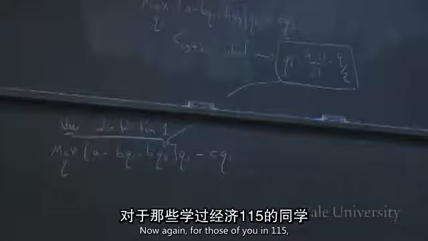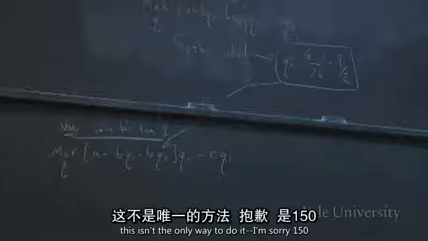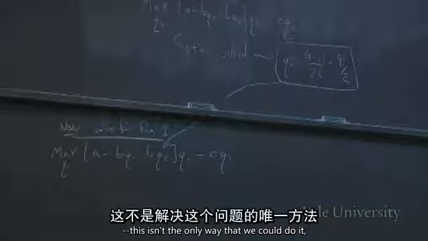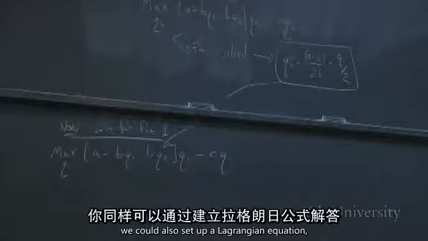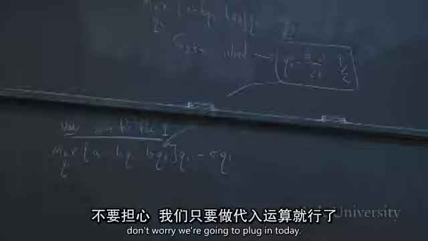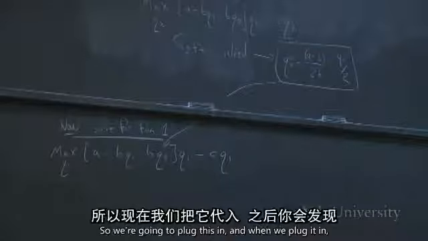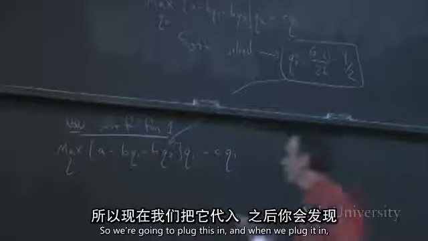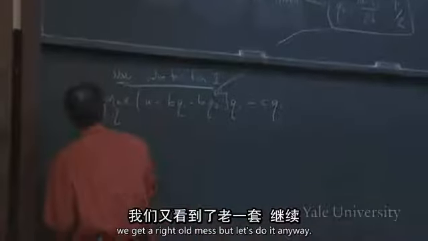Now again, for those of you in 150, this isn't the only way we could do it. We could also set up a Lagrangian equation. But for those people who don't know what that is, don't worry, we're going to plug in today. When we plug it in, we get a right old mess, but let's do it anyway.